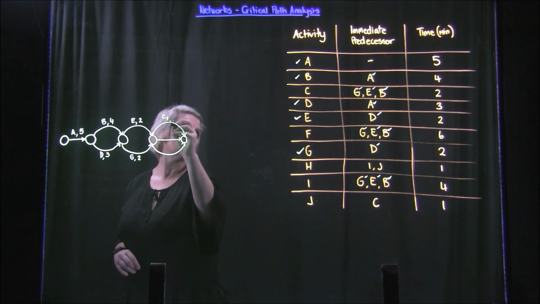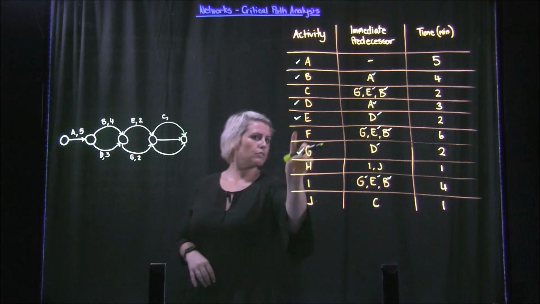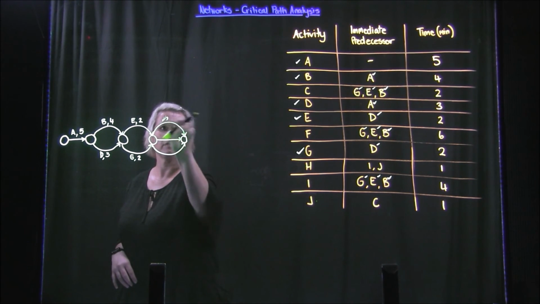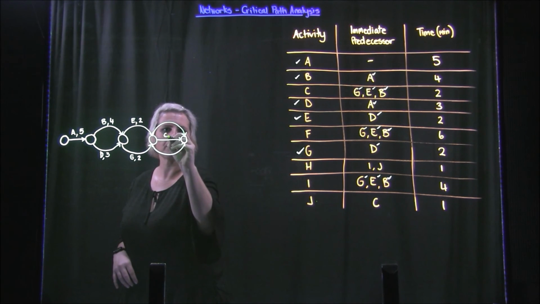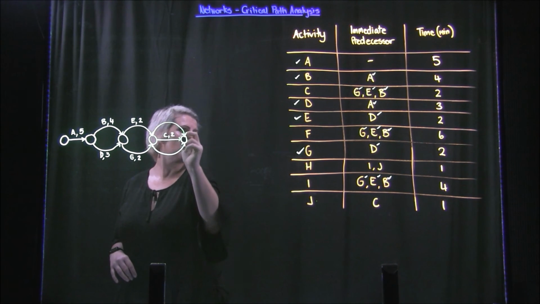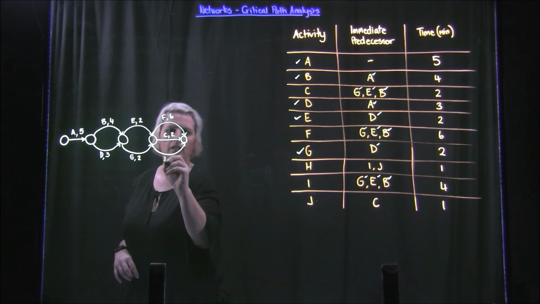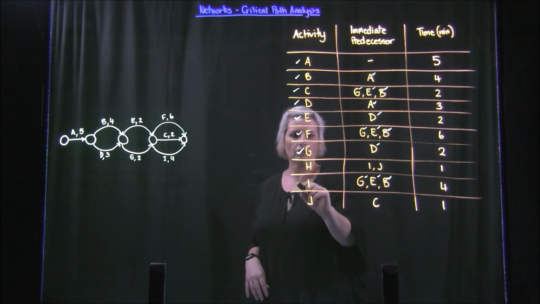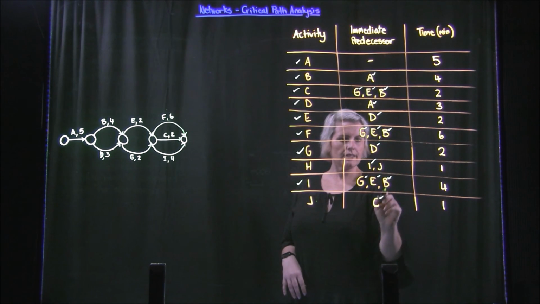So C, which is 2, F is 6 and I is 4. It already looks a little longer, so we might make this one C because it's only 2. Okay, so now C, F and I are done.